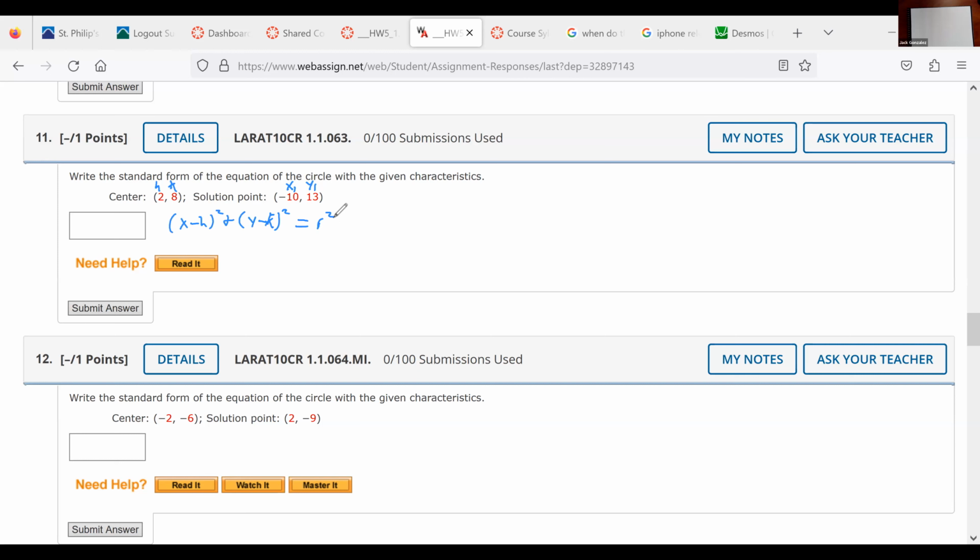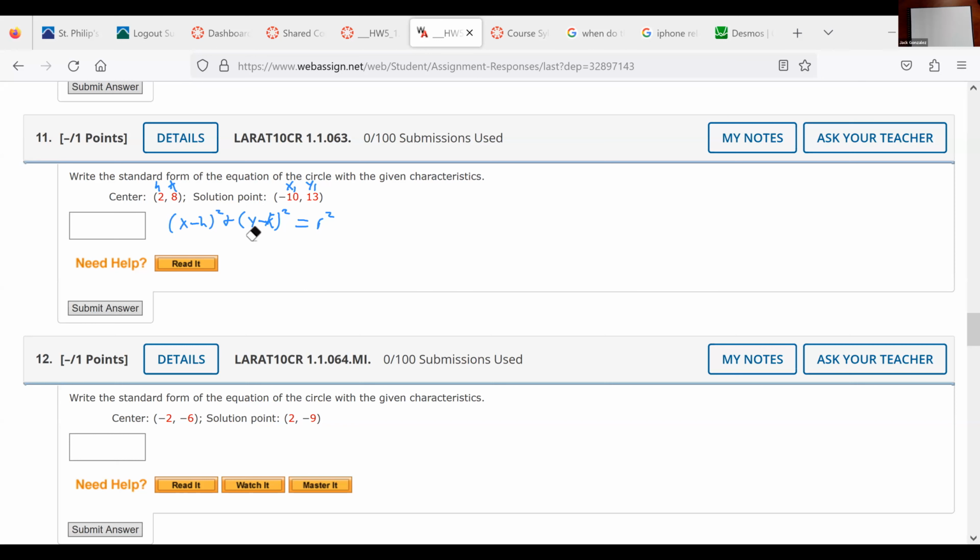So if we plug everything in, we can solve for r. Do you see that? This would be kind of like my x1, y1. So just plug it all in and see what happens.